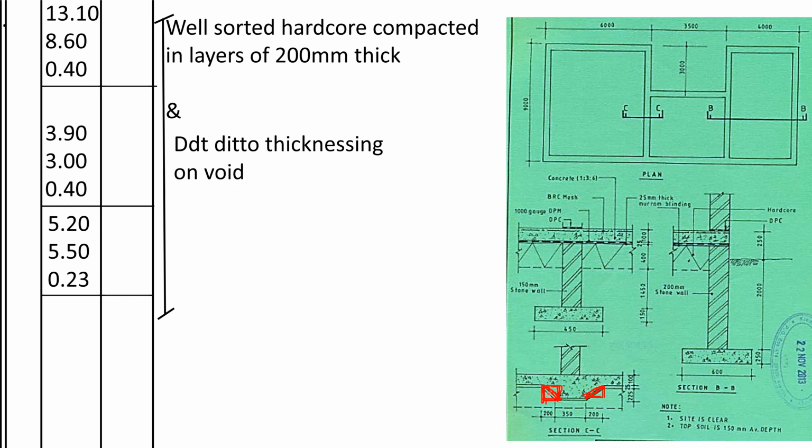Let me show you using my pointer. Here it's 200, then here it's 200. So if we are able to find the area of this square, we multiply by the length of the wall. It's the same as we add from here, draw a straight line this way up to here.